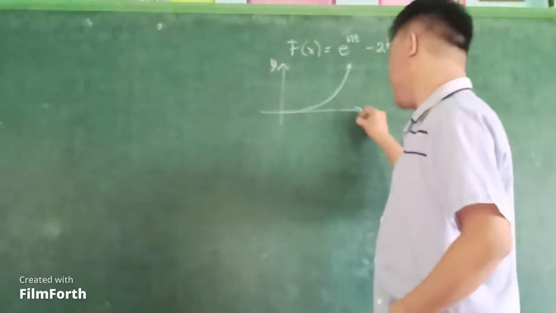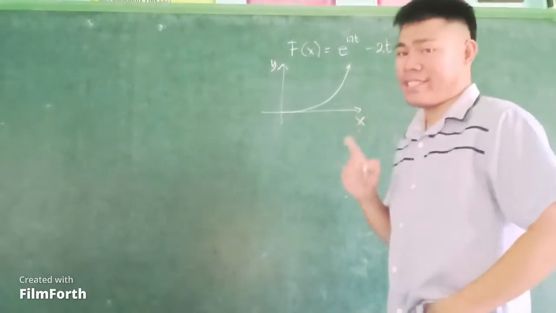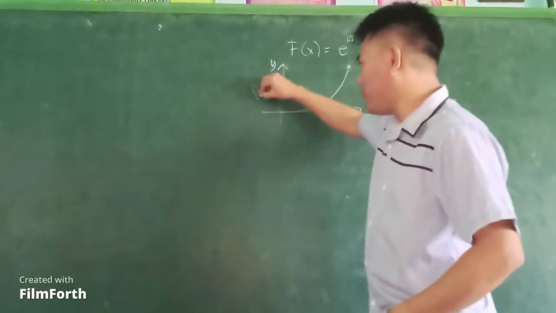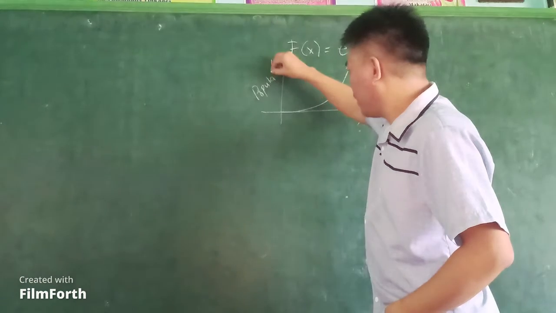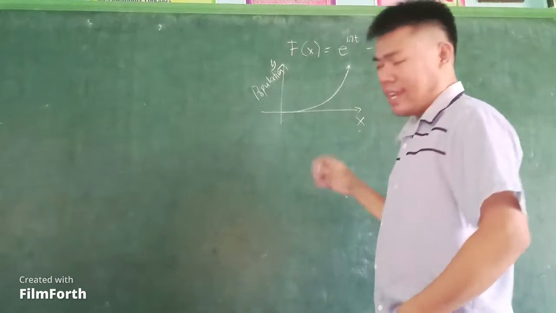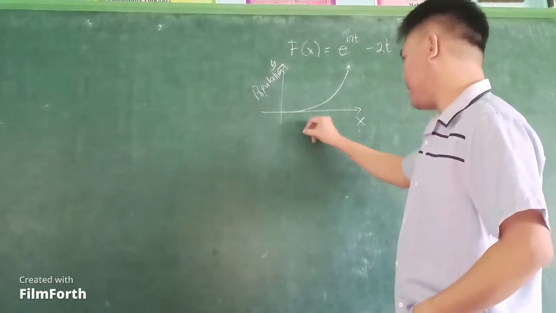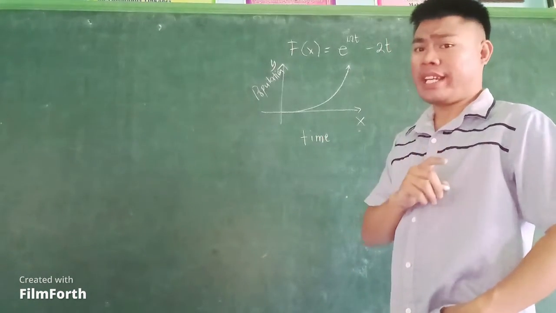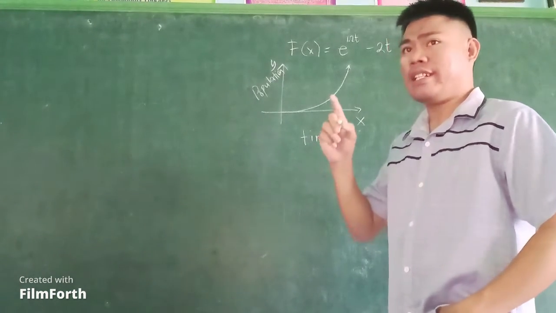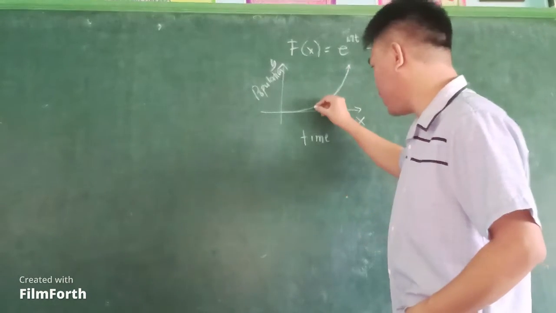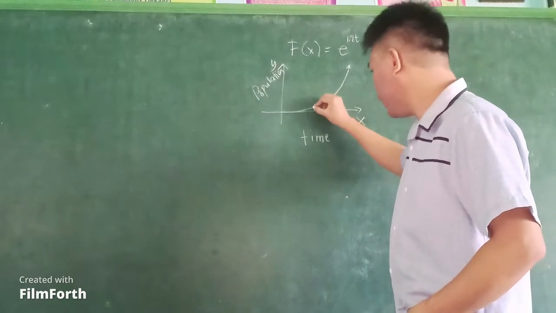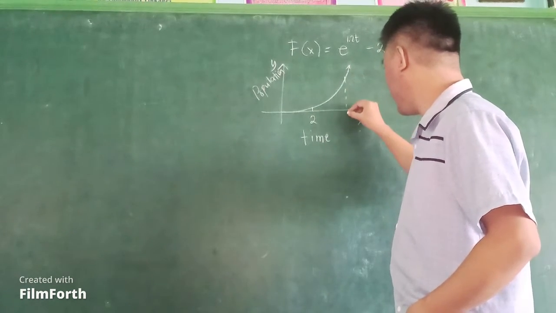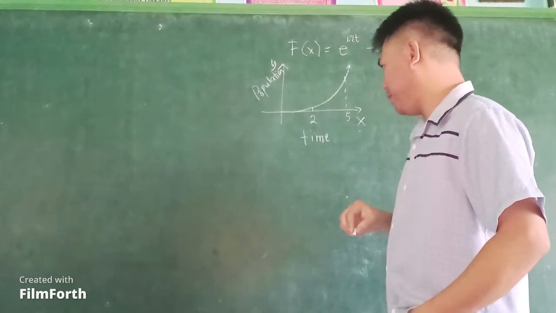Here's the y side, then here's the x side, or the x and y axis. The y axis represents the population, and the x axis represents the time. If we locate the given years, which are 2 and 5, 2 is here, and 5 will be here.